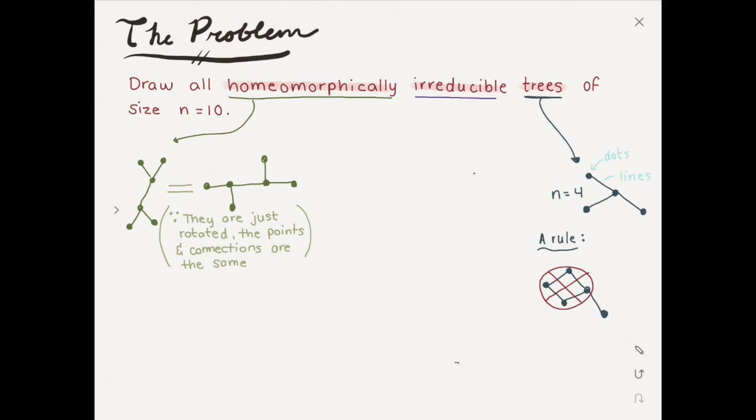The last part, the irreducible part, basically means that we cannot reduce any of the nodes from the tree. I'll show you an example of a reducible tree and you'll see the difference. This one is reducible because we have that point in the middle, and if we were coming down on the node, we only have one option here, which is to continue straight, making that node here useless.